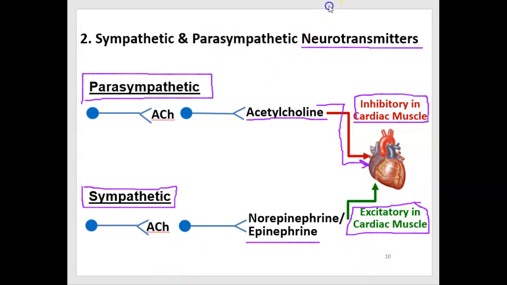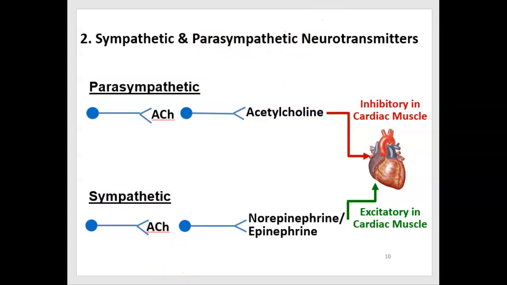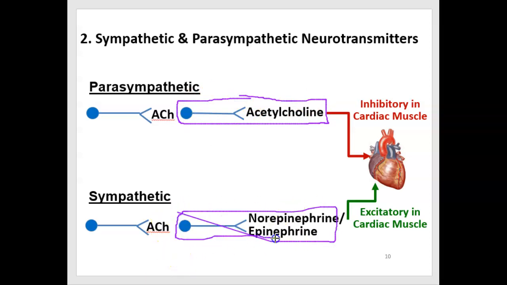Now, one thing I want to point out has to do with the other neurotransmitters. So the one we're talking about is the postganglionic neuron. That's the one that affects the target organ. Okay, so the postganglionic neuron is what's releasing the acetylcholine or the epinephrine, right?